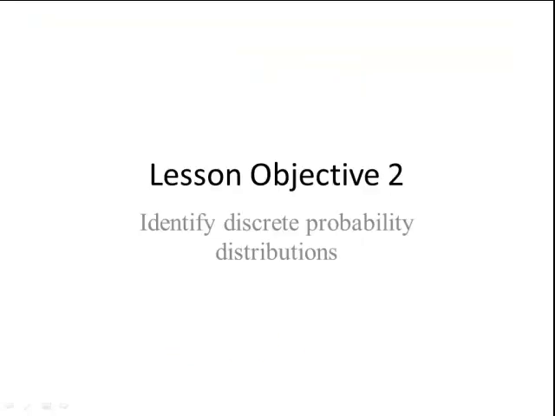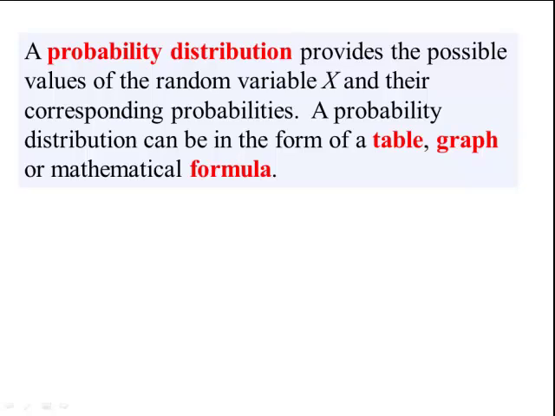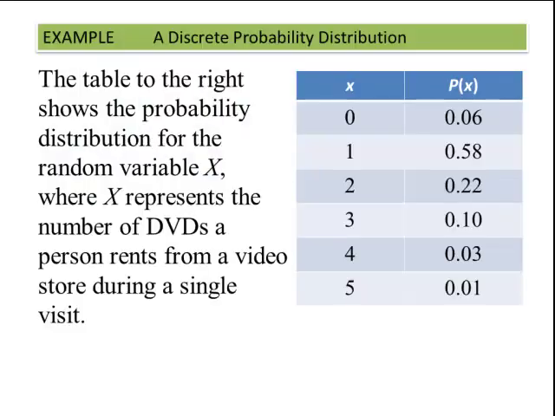Lesson objective number 2. A probability distribution provides the possible values of the random variable x and their corresponding probabilities. The probability distribution can be in the form of a table, a graph, or a mathematical formula. Let's look at a table example.